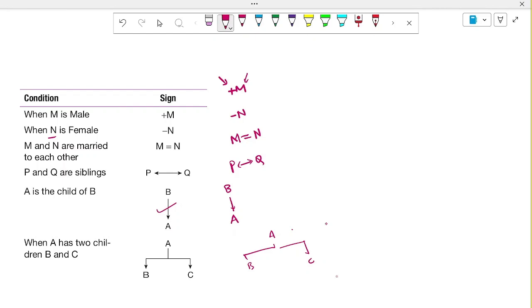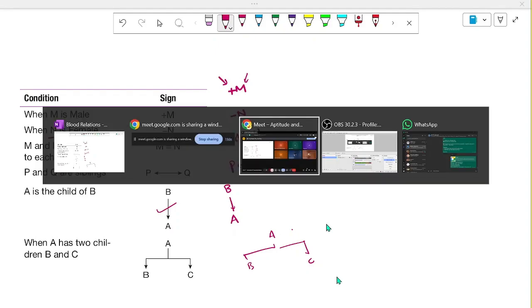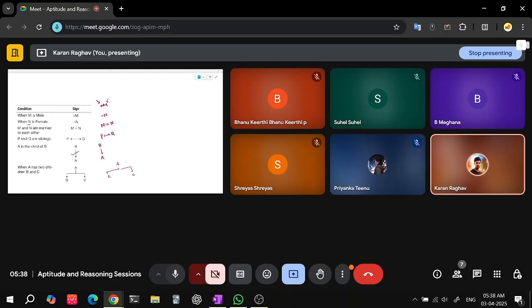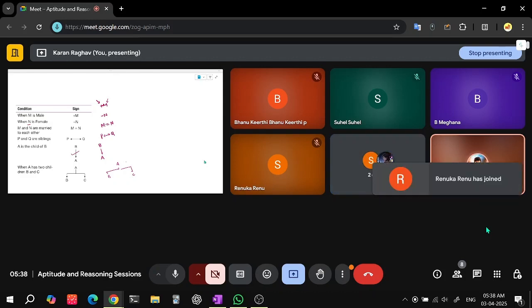We'll be using this to explain all the questions. I hope this one was clear to everyone. You need to have these in your mind. I'll just use examples and explain to you.